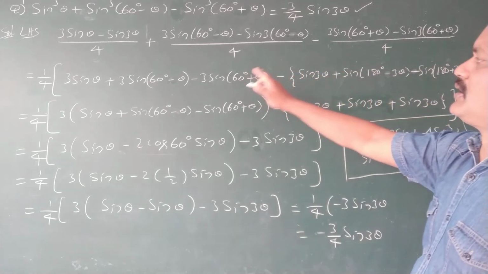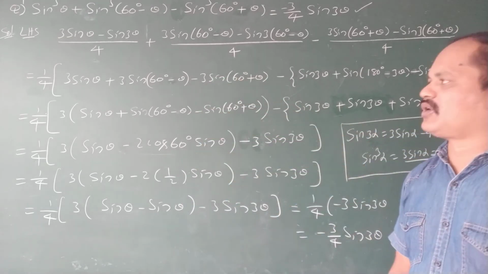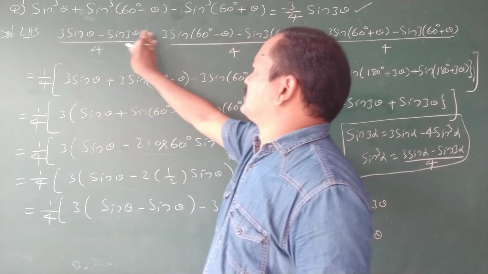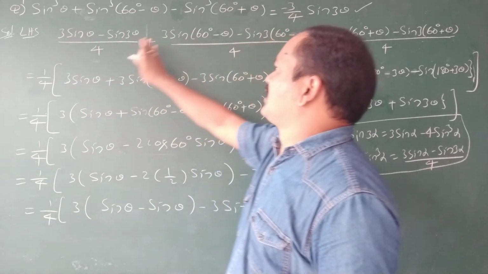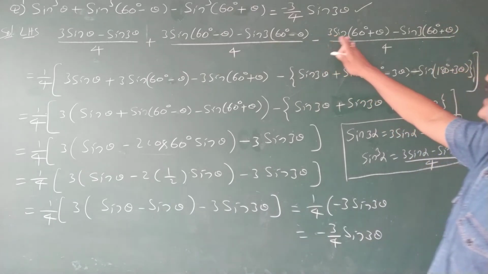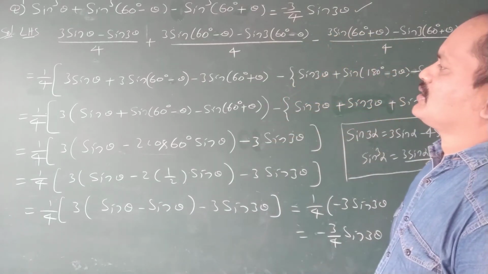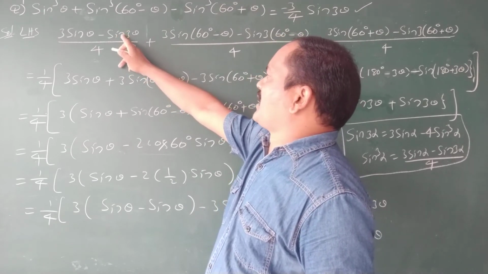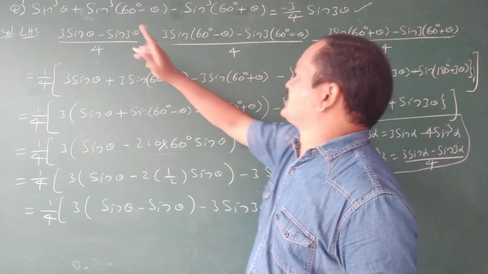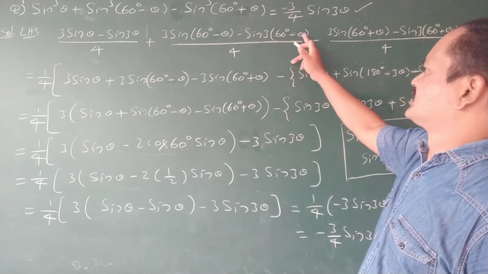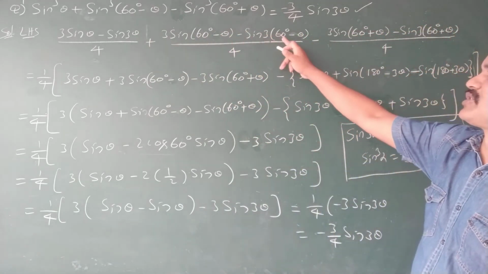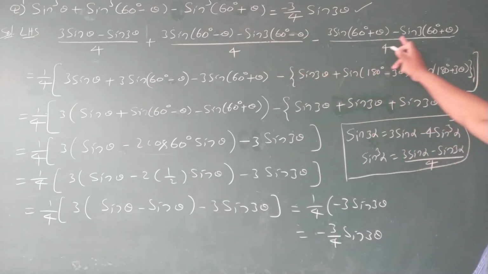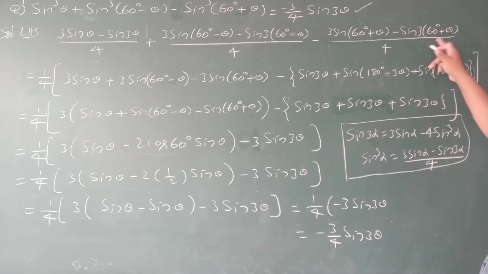Take 1 by 4 common. Remaining, we collect the 3 times sin functions: 3 sin theta, 3 sin (60 minus theta), minus 3 sin (60 plus theta). Again from the sine terms, taking minus common, it is sin 3 theta plus sin 3 times (60 minus theta), which is sin (180 minus 3 theta), and minus sin (180 plus 3 theta).